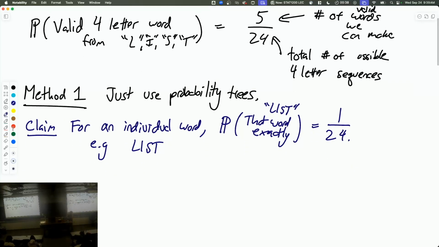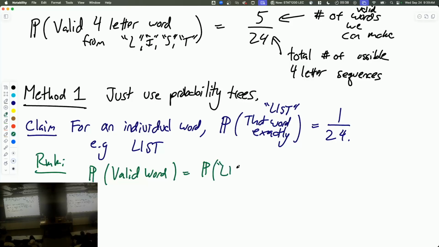So let me do that as a little remark here before I go any further. Remark: the probability of a valid word equals the probability of the 5 words added together. So you either get list, or I don't remember what the other ones were, plus the probability of stilt, plus dot, dot, dot, there were 5 of them.